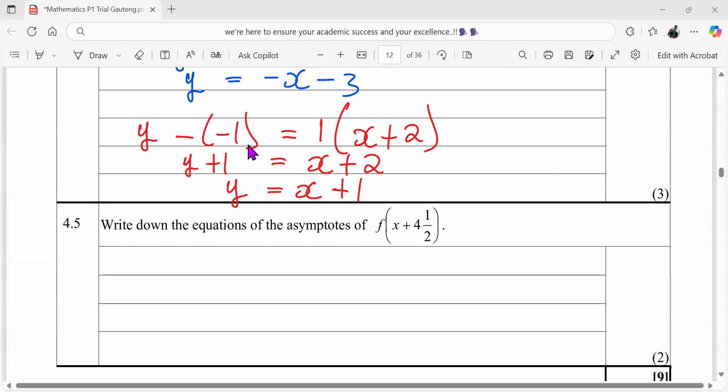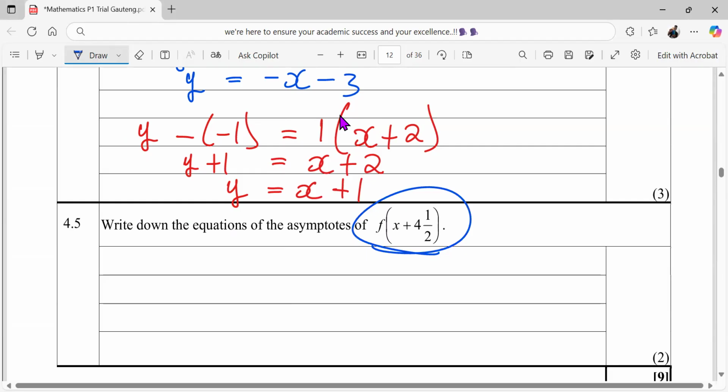Then the last question says, please write down the equations, two of them, of the asymptotes of the function f. All right? Well, we can easily do that. But now it's not only the function f, it's f(x + 4.5), which is just 9/2.